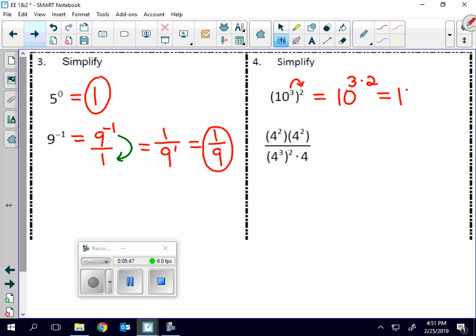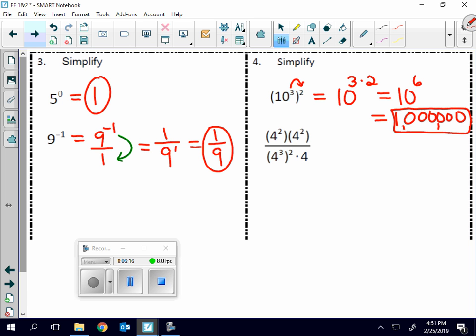Well, that's 10 to the 6th power, and if we do that out, it didn't tell us if they wanted it in exponent form or not, so that's really just a 1 with 6 zeros. 1, 2, 3, 4, 5, 6. If it were me, I would have probably left it as 10 to the 6th power, but it says simplify, so I'm thinking they want us to write it all the way out with no exponents.